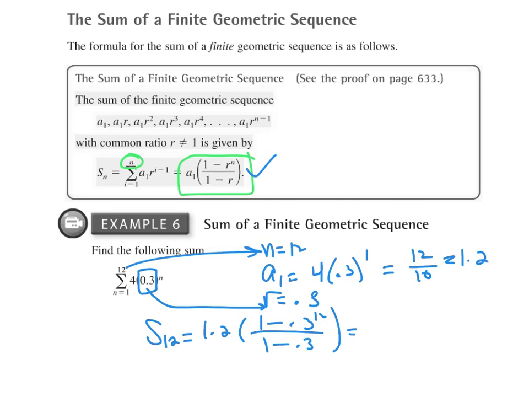And then when you plug that all in, just be careful of parentheses there, but you should have 1.2 times parentheses 1 minus 0.3 to the 12th. If you need to do it separately, you're welcome to. And then you're going to divide by 1 minus 0.3. Close parentheses again. Okay?